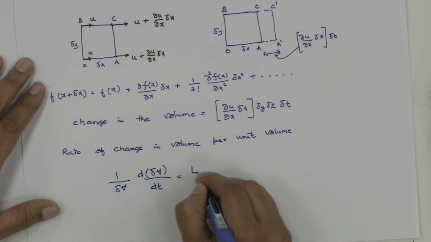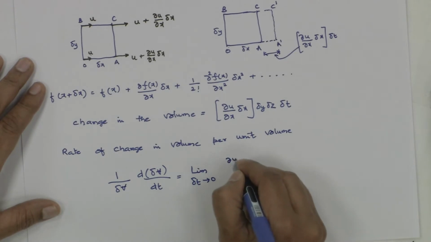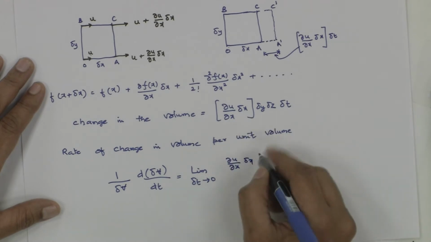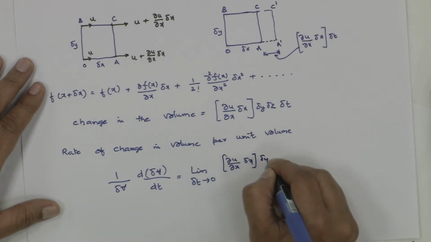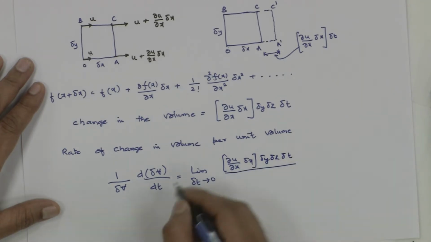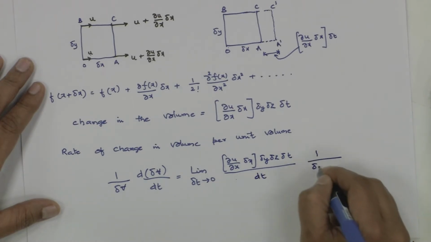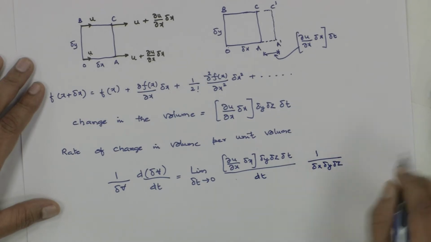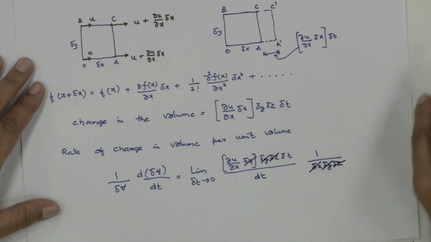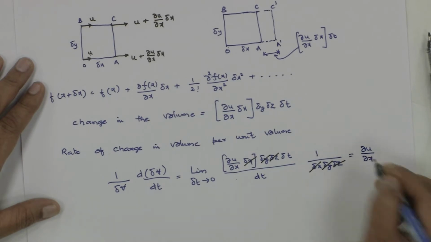So, that is limit as delta t tends to 0, del u by del x delta x, change in volume is this one, delta x delta y delta z delta t upon dt, and of course I am having delta x delta y delta z. So, what will happen? Delta x delta y delta z gets cancelled out. So, I am left with del u by del x.